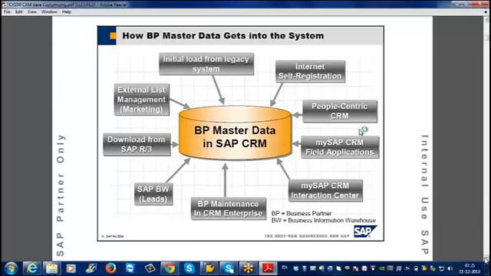If he likes the product, then while buying the product itself, the system will ask you to provide the necessary data like name, address, pin code, email ID, all that. Based on that information, the system will save the customer as a business partner in the system. So that is one way through which you can maintain the business partner master data.